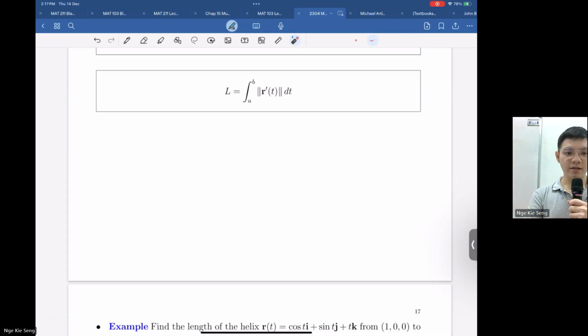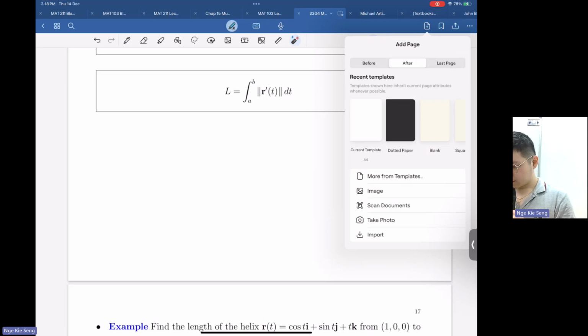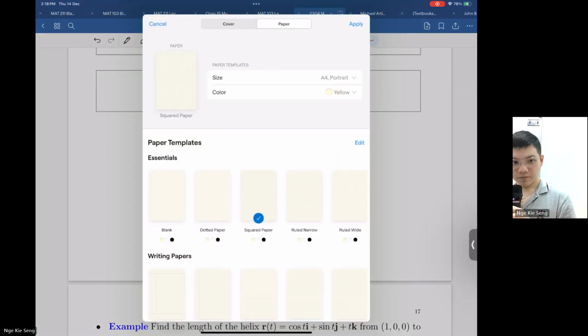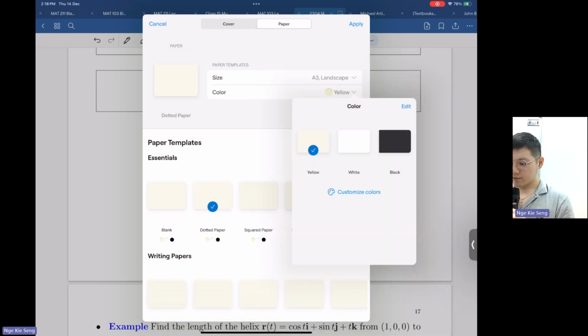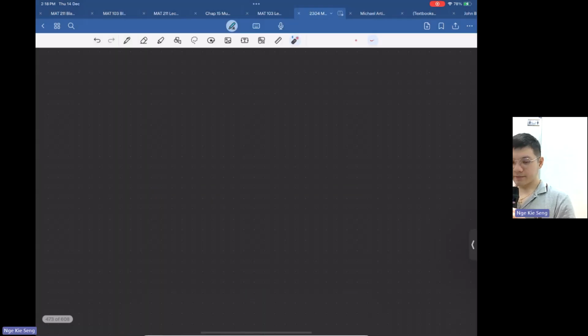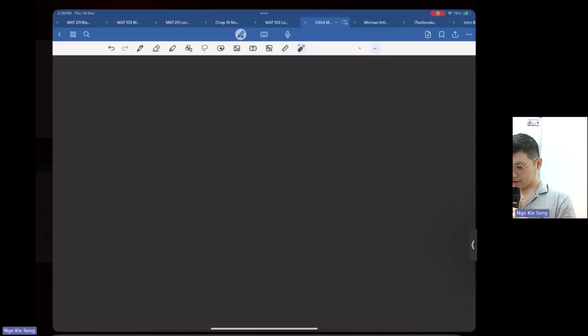Let's check this on a circle. What's the length of a circle with radius 1? 2 pi, right? So let's verify this.